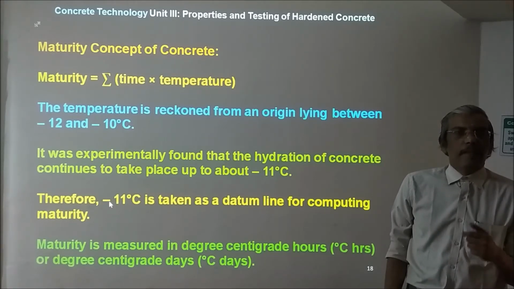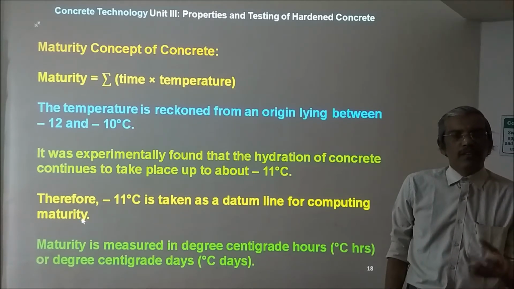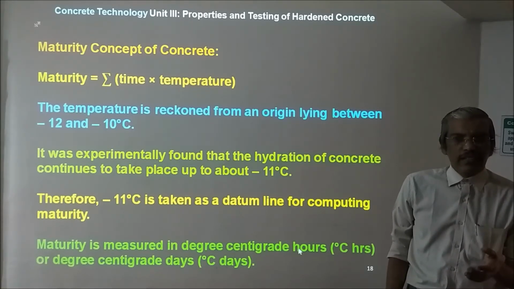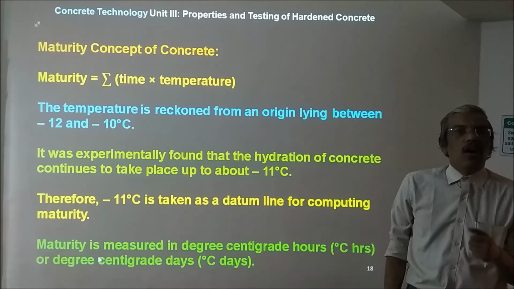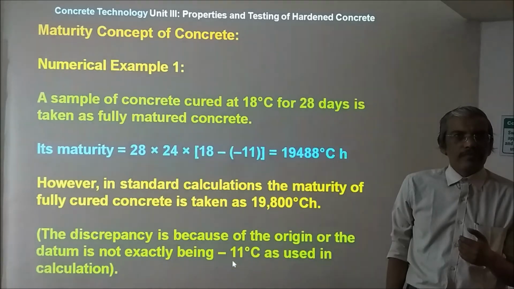Therefore, minus 11 degree centigrade is taken as a datum line for computing the maturity of the concrete. The maturity is measured in degree centigrade hours, that is degree centigrade hrs, or degree centigrade days.